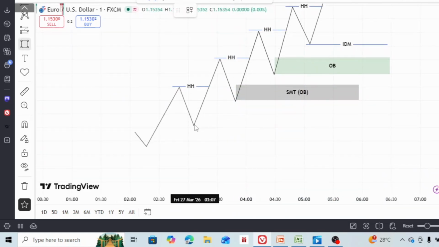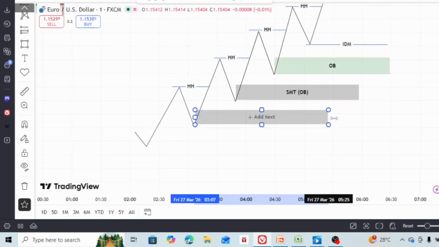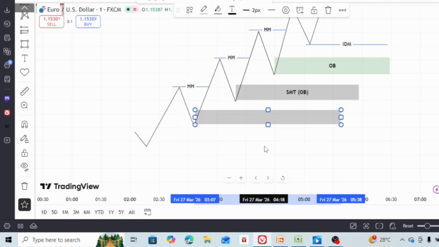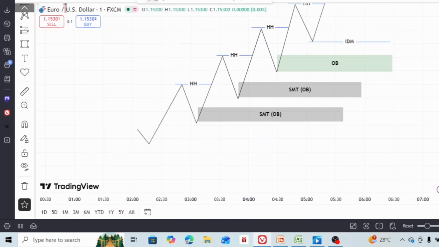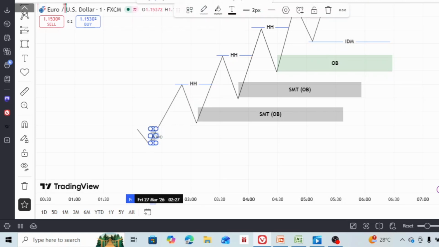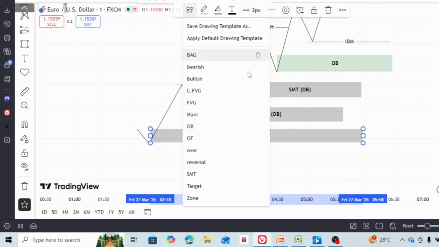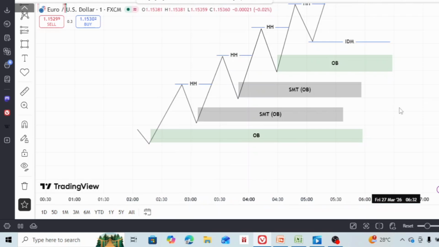And then the extreme order blocks. Suppose this is the extreme order block in this whole price range, then this will be the valid order block.